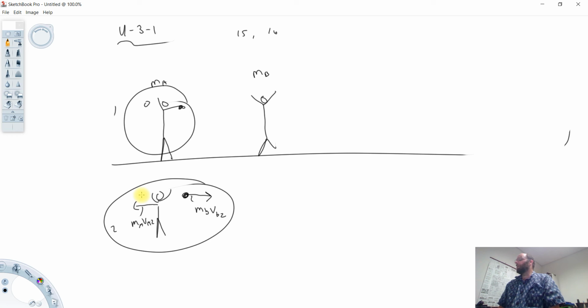That'll allow you to write a nice, easy equation between the 2. All right, now this ball, it's heading over towards this person here. Let's call this picture 3. Ball's moving to the right. It has a momentum, mass ball, velocity ball, picture 3. This person, I believe, not moving, so they get no momentum.